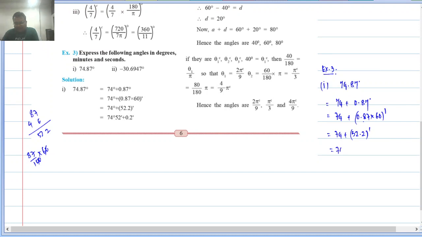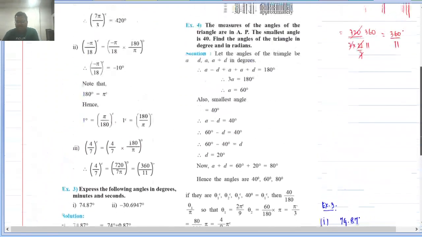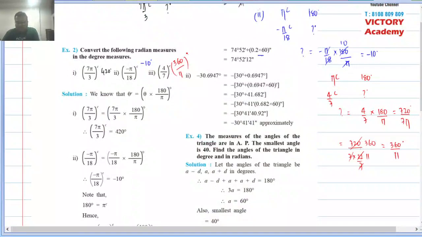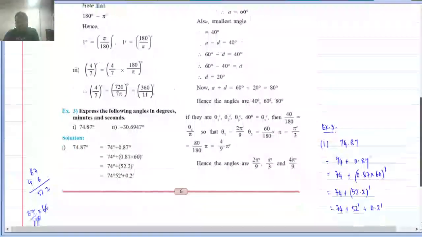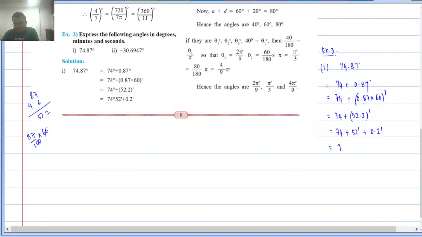Which is 74 plus 52 minutes plus 0.2 minutes. And 0.2 minutes will be 0.2 into 60 seconds. So this will be 74 plus 52 minutes plus 0.2 into 60 seconds. 0.2 is 2 by 10 into 60. 6 2s are 12.